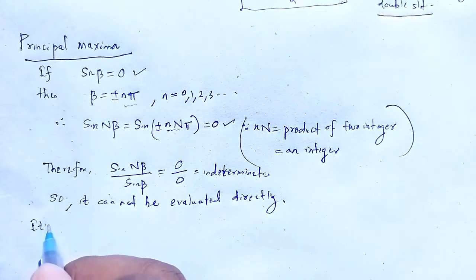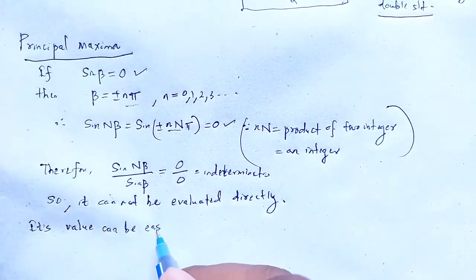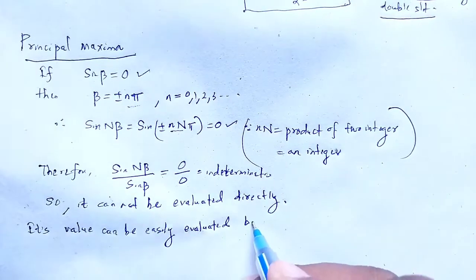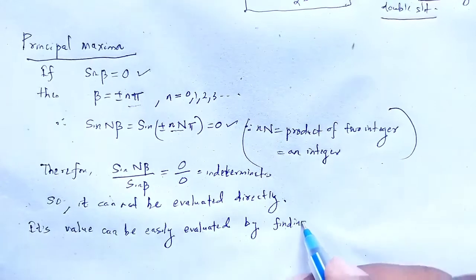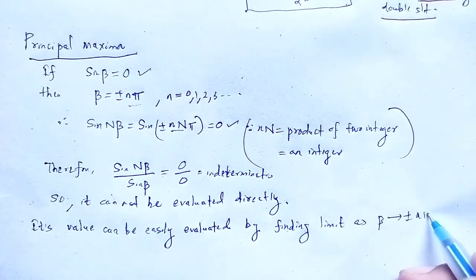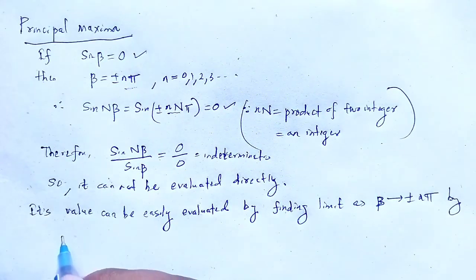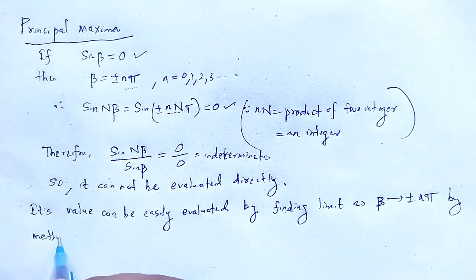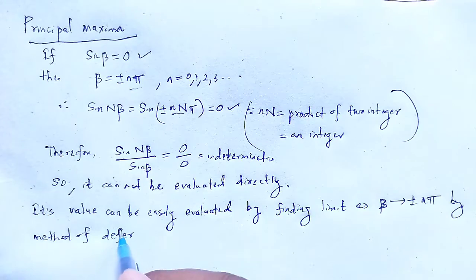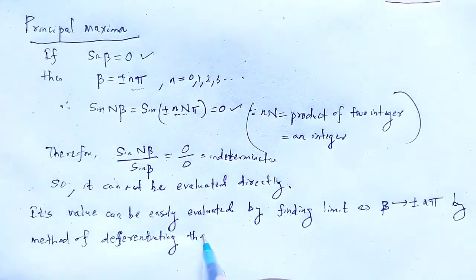Its value can be easily evaluated by finding the limit as beta tends to plus minus n pi by the method of differentiating the numerator and denominator.